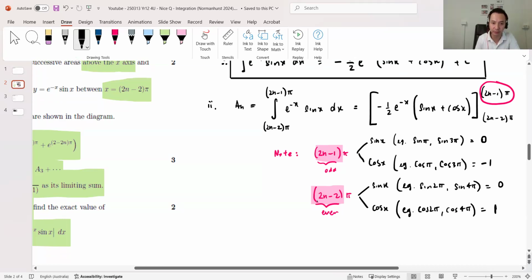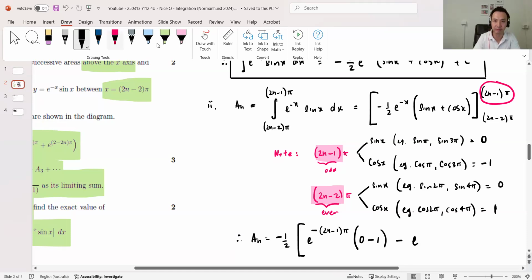Therefore, a_n equals 2, taking in the negative half: e to the power of negative (2n minus 1) pi, multiplied by now the sine x is 0, and the cos x is minus 1, and then minus e.